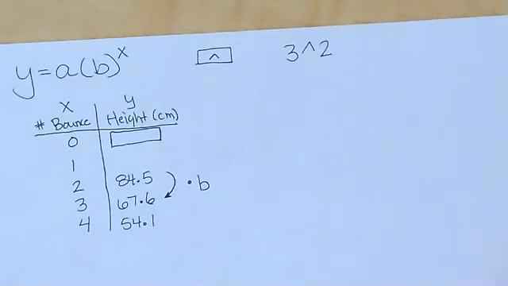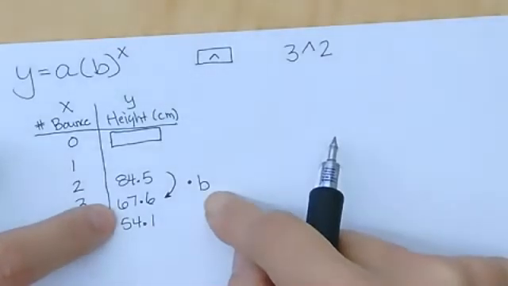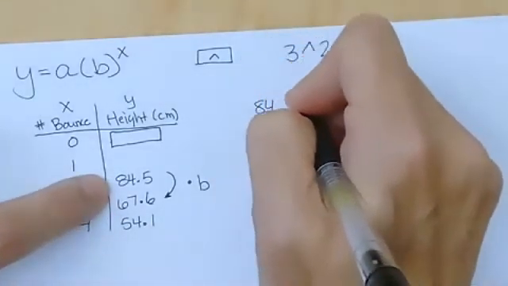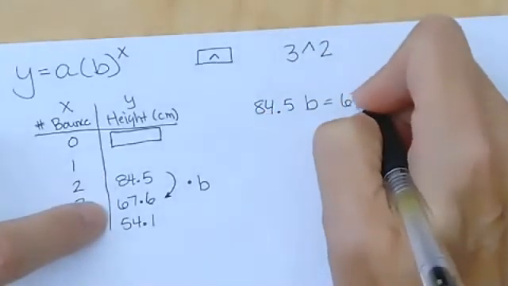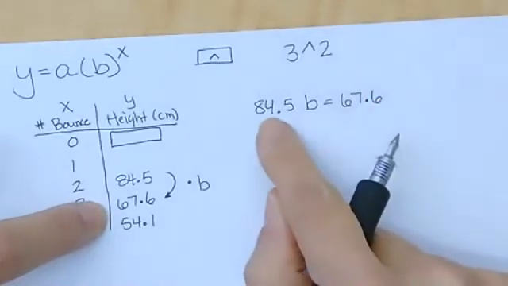Is it what? 0. What? 8. Perfect. It is 0.8. The reason is that since that times B is that, we can figure it out by dividing. So notice 84.5 times B equals 67.6. How do we solve for B? We divide.